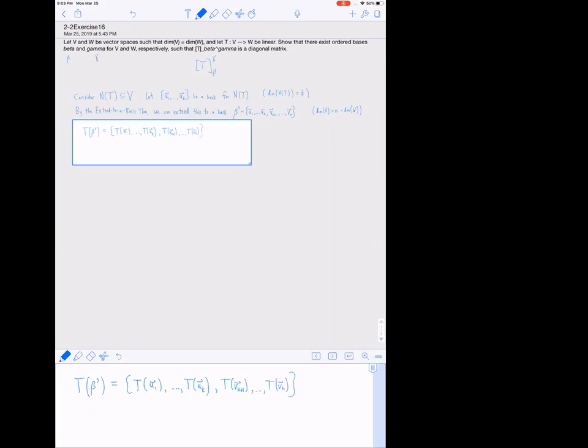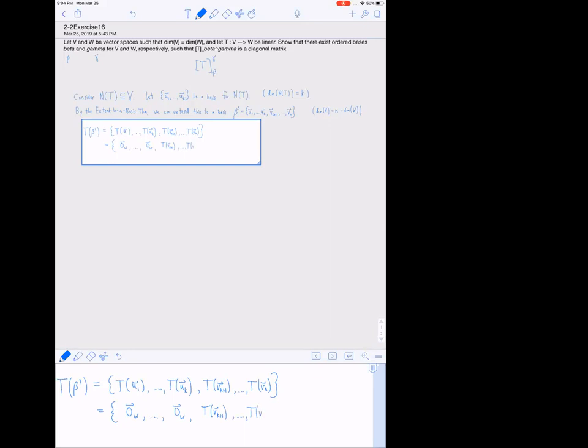But remember, each of the U's was in the null space, so this is really just the 0 vector in W, K times, and then T of VK plus 1 up through T of Vn.